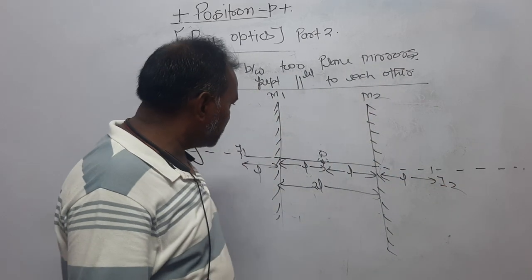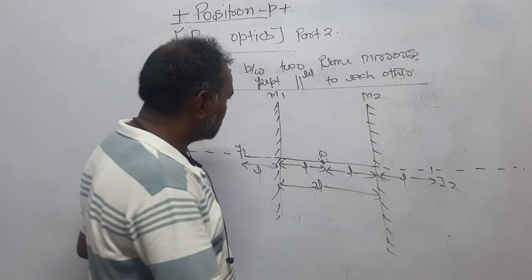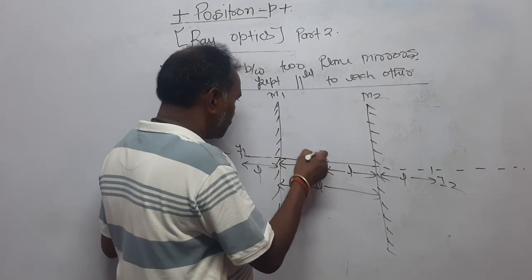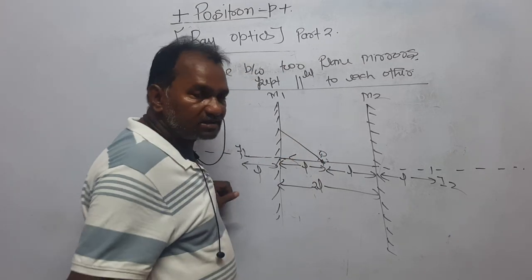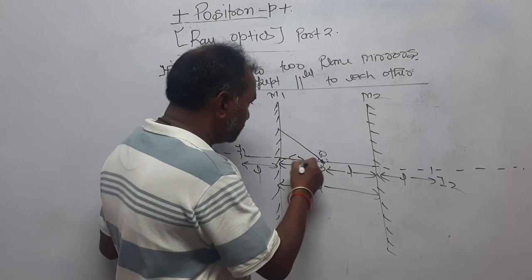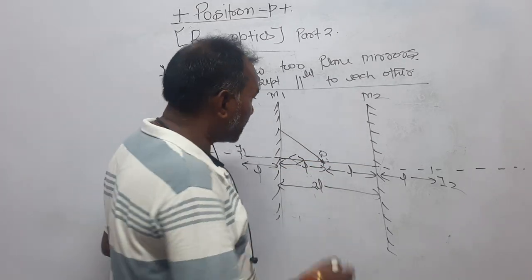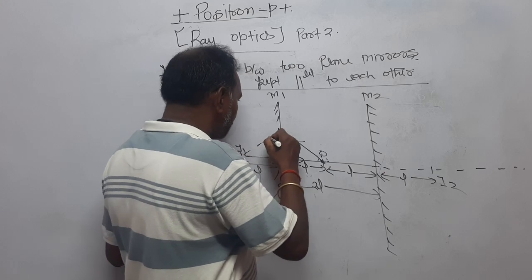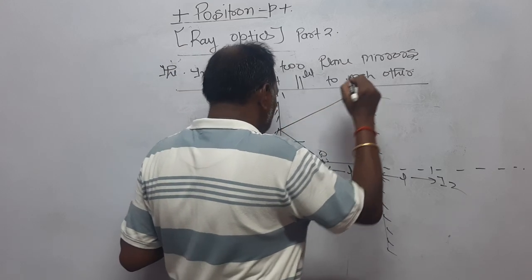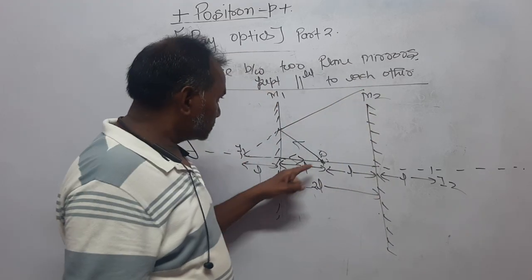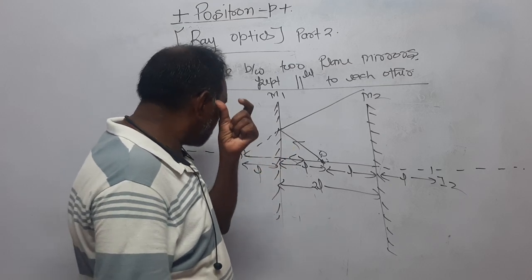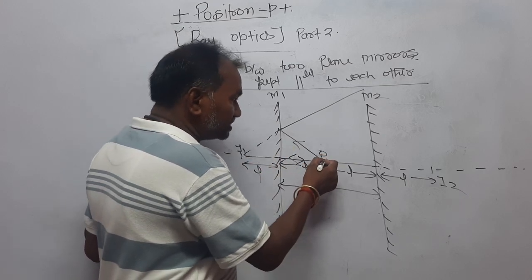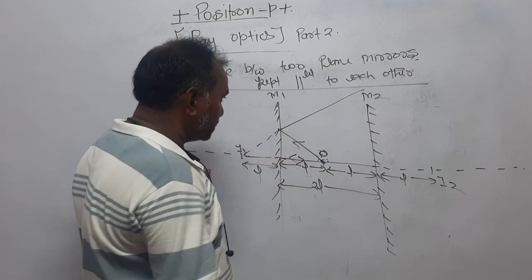How these images are made, you can make. Let one ray you have taken normally, and it will be reflected back. Another ray I am taking like this, it will be reflected back like this, right? So the image of object O is made at I1.